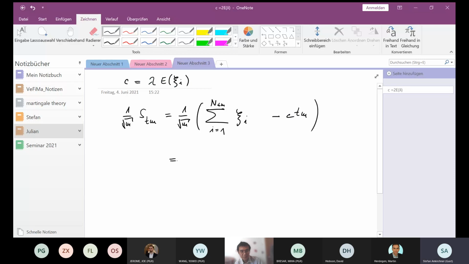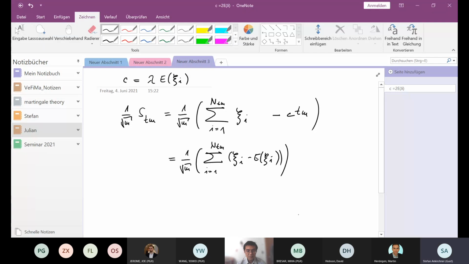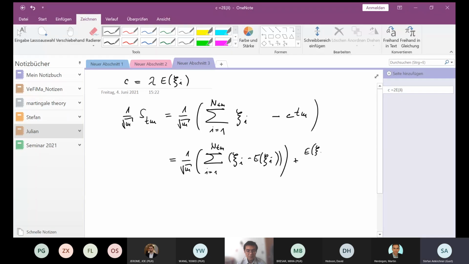Now, in order to prove this result, you split up this term into two components, actually three, but roughly one can also do it with two. So we subtract the expectation from the claim sizes, and then we get as a second term the expectation of xi_i.